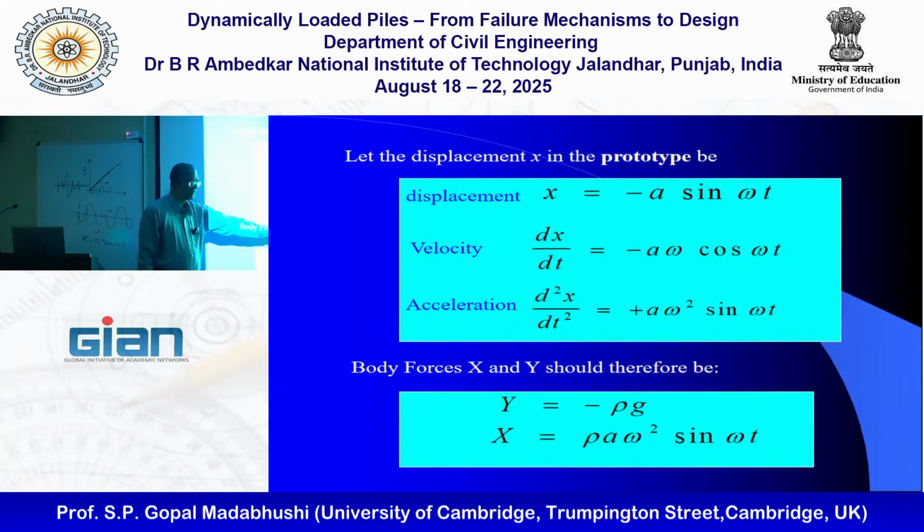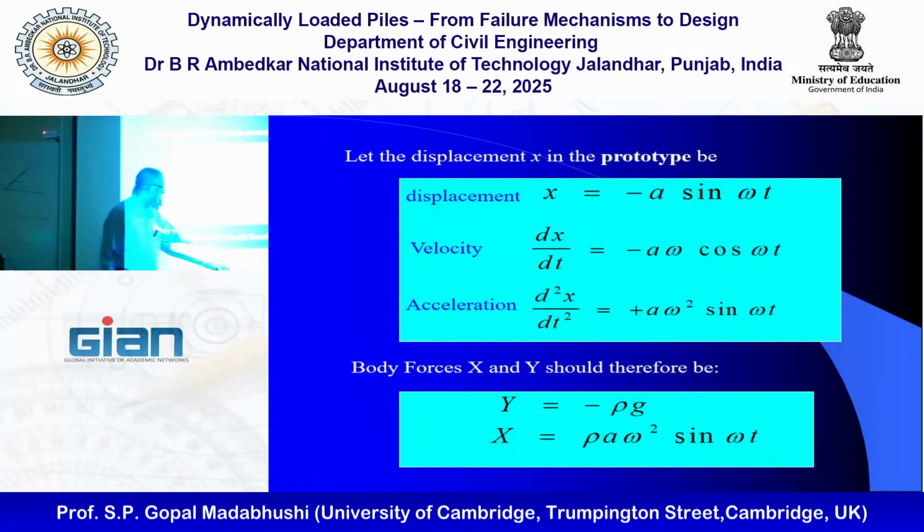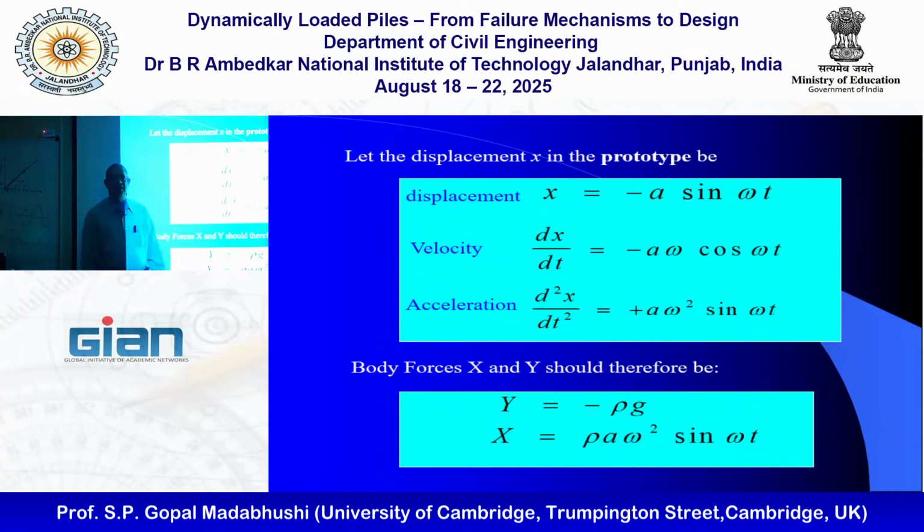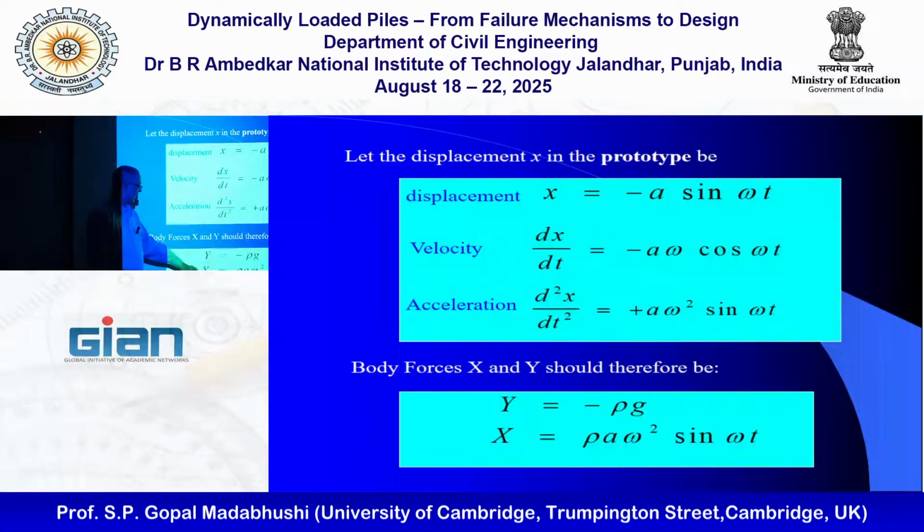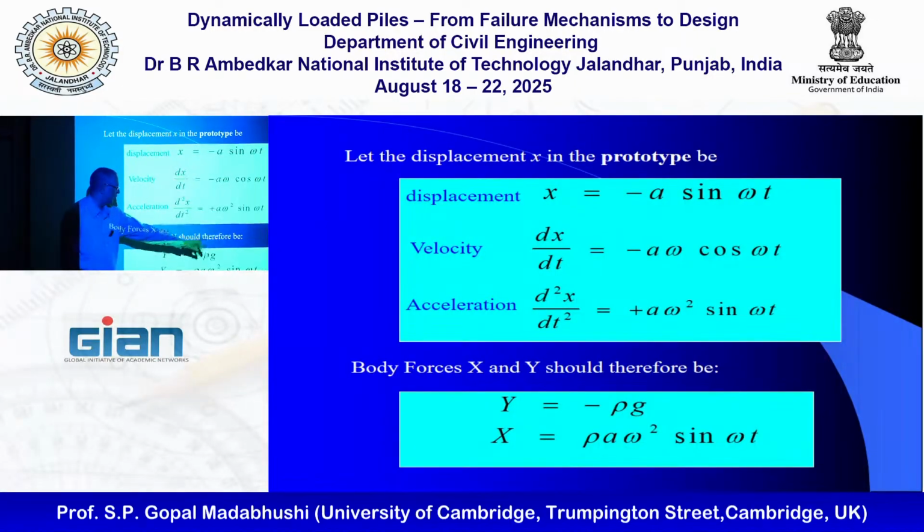That density times g gives me my vertical body force. The minus just means that it's acting from top to bottom because g is that way. X, on the other hand, will be this acceleration times rho, the density. So my X is rho A omega squared sine omega t. I can plug these back, and those should be the x and y forces.